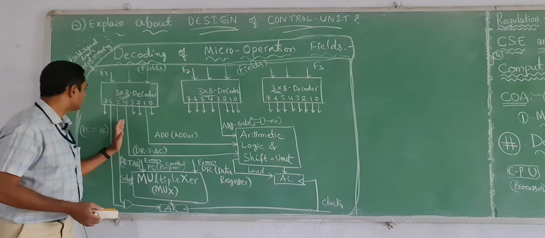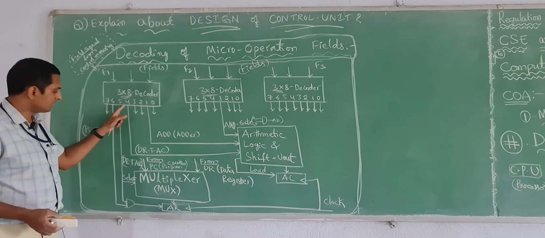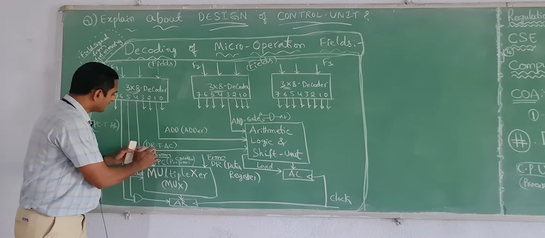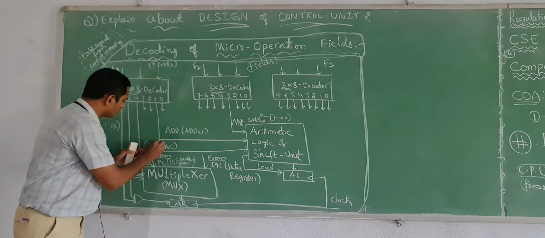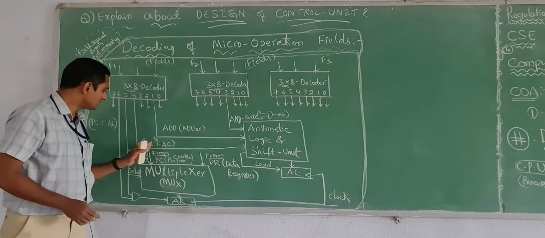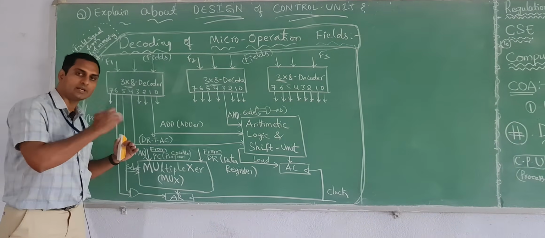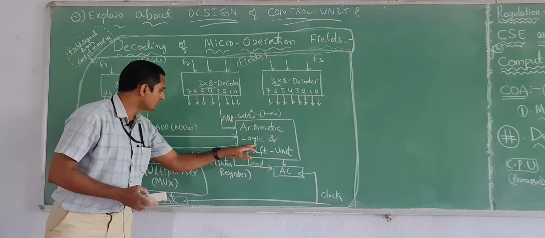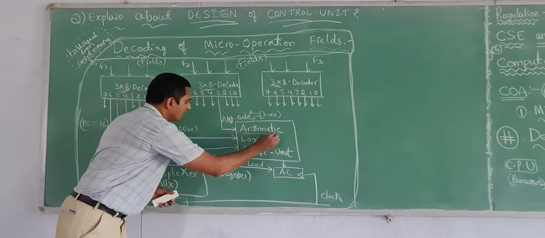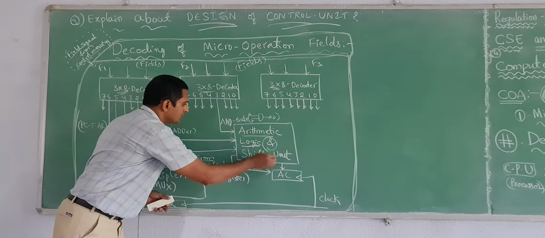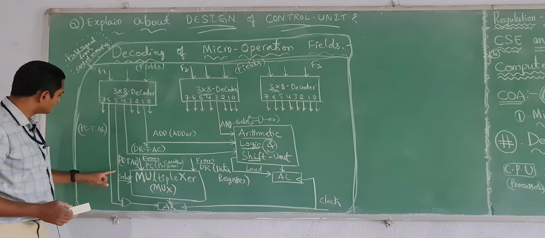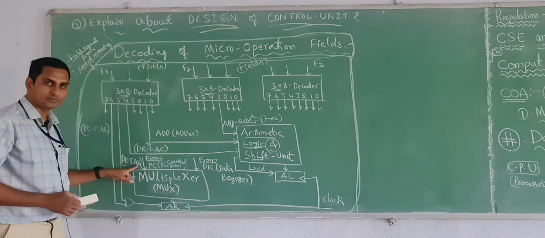See here, the 4th bit enters DRTAC, meaning data register to accumulator, and that enters the arithmetic logic shift unit. Here the 5th bit is DR to AR.